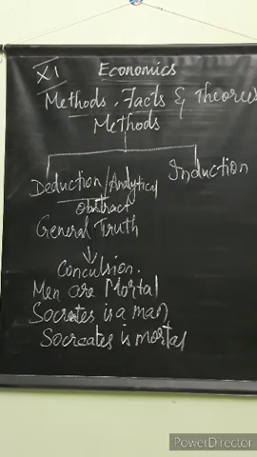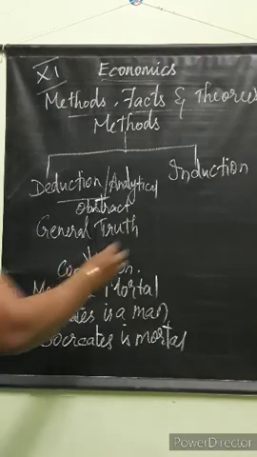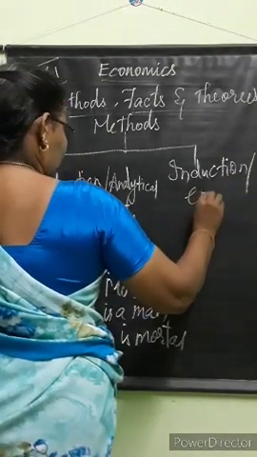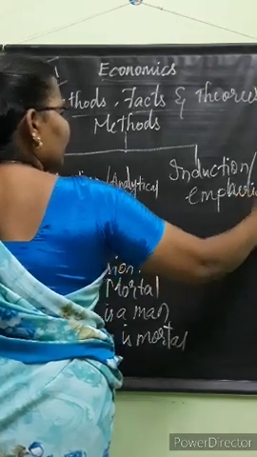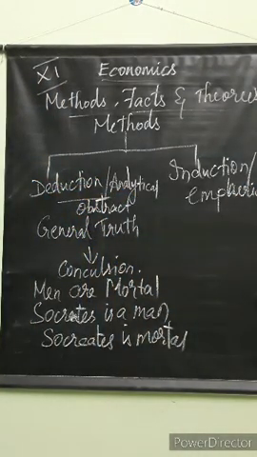Inductive method, as I told, is called empirical method. Empirical means we can count it. Empirical method is adapted from the historical school of economics. They have derived the method by experiments, observation and statistical method.